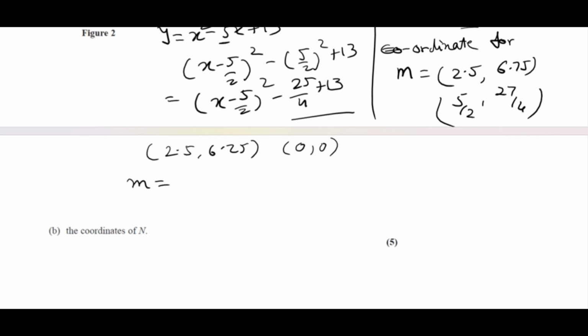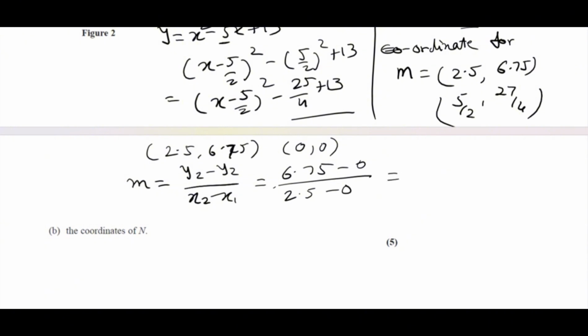So our gradient is equal to y2 minus y1 over x2 minus x1. That will give us 6.75, sorry, it's 6.75, minus 0 over 2.5 minus 0, and 6.75 over 2.5, when you divide it, you get 27 over 10.